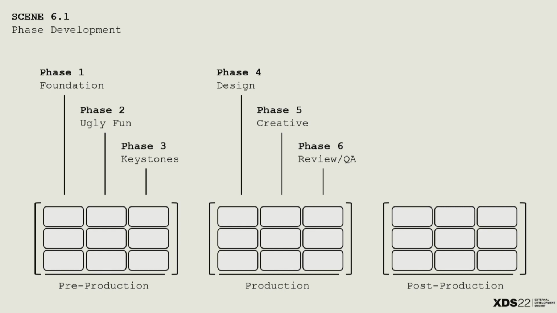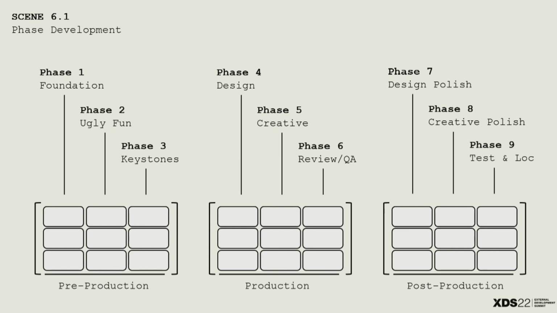So we are QAing and reviewing and locking down until we have it down to where we need it to be. So phase 7 is big design polish pass. Phase 8 is creative polish. And phase 9 is wrapping everything up, test, loc, and down to 0 bug. And then we prep for release. So a lot of similarity there, but it's very, very siloed.